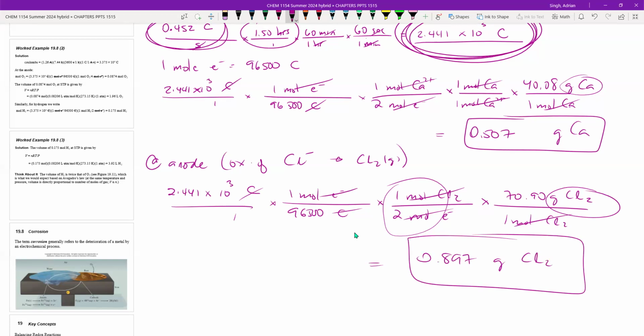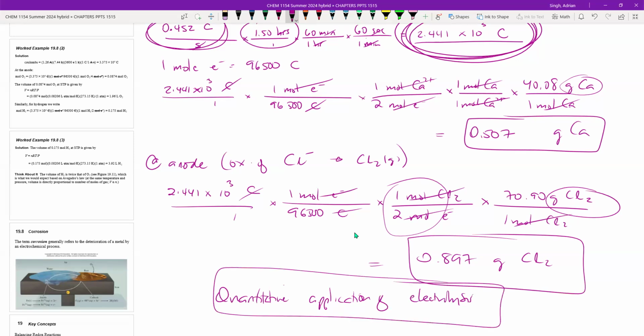So here we're seeing some quantitative application of electrolysis. In other words, we're calculating the amount of products that can be generated by using a couple of things.